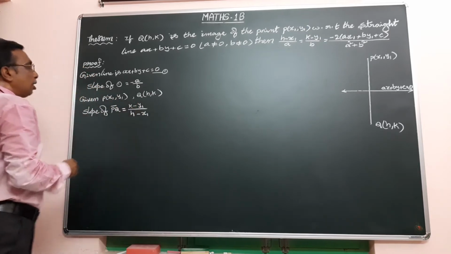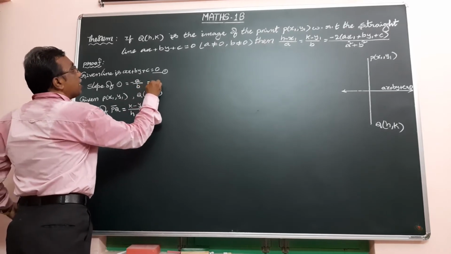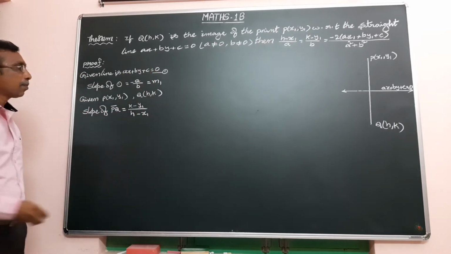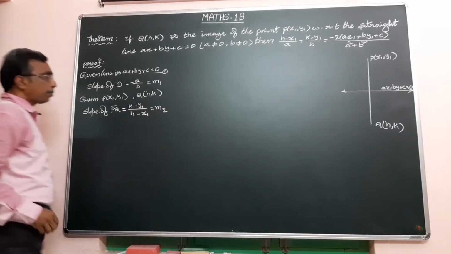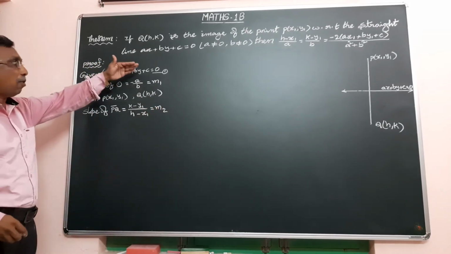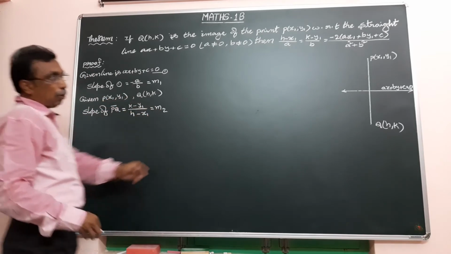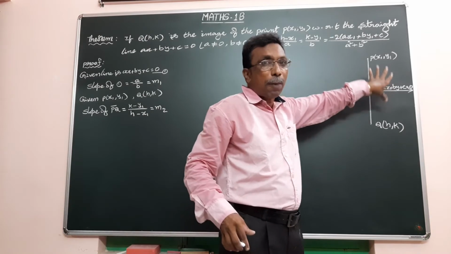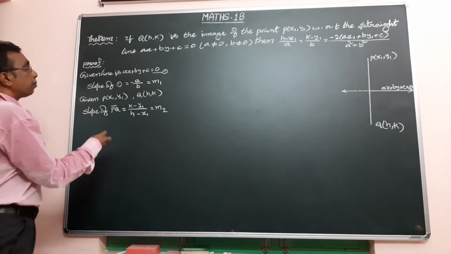This is a slope. First line slope is m1, second line slope is m2. These two are perpendicular. Perpendicular means the product of two slopes equal to minus 1.